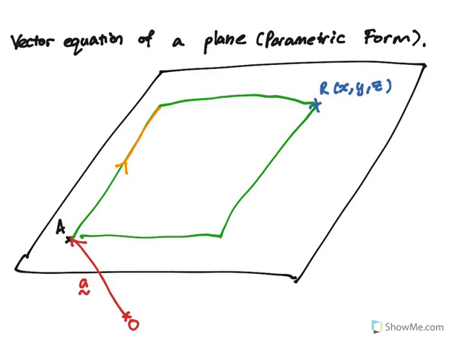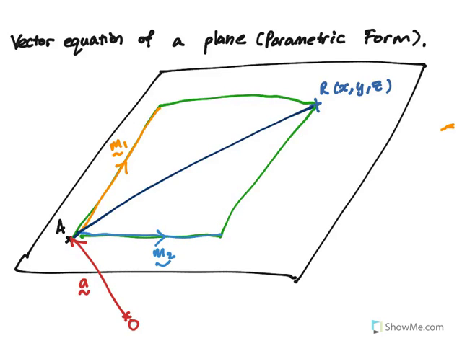Maybe say the first vector, I call it M1, the first direction vector, and perhaps another direction vector, maybe I will call this M2. Using the parallelogram law of addition, you see I can actually define this plane.